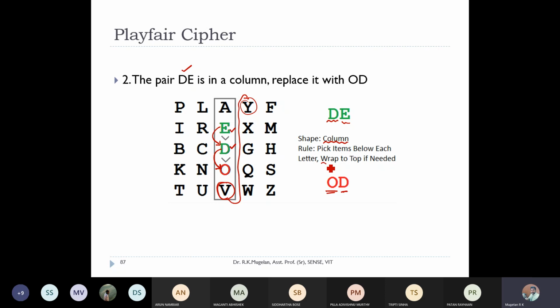That is, wrap to the top if needed, which means if your element is present at the end of this column, go to the next column and replace it with the first element here. This is the second rule here. That is, if your element is coming in the form of a column, you have to choose the elements which are just below each other.